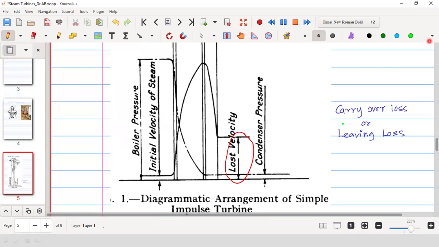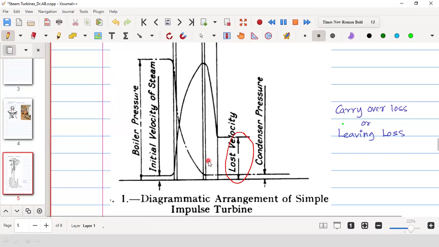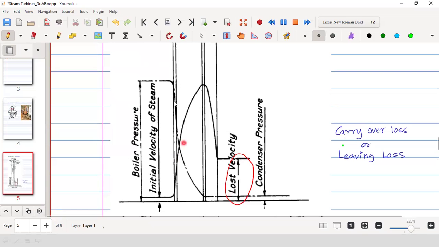And you will see that for a single stage impulse turbine or D-level turbine, that velocity is quite high. Because in a single stage, all the kinetic energy that is gained by the steam due to the expansion, you have to convert to the blade. So whatever kinetic energy has been gained by the steam, you have to transfer to the blade to minimize the loss.